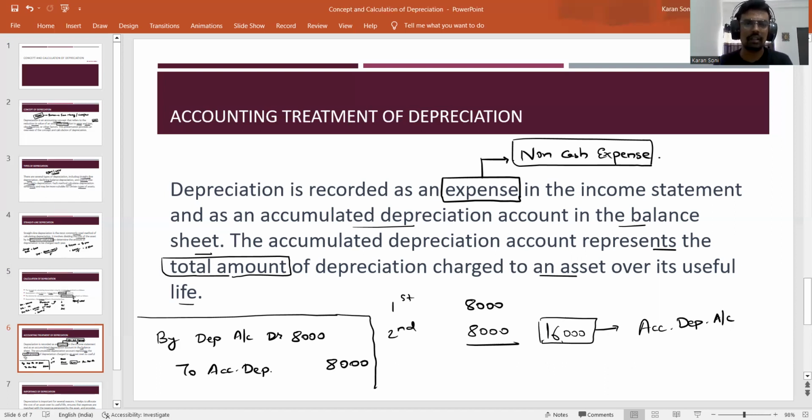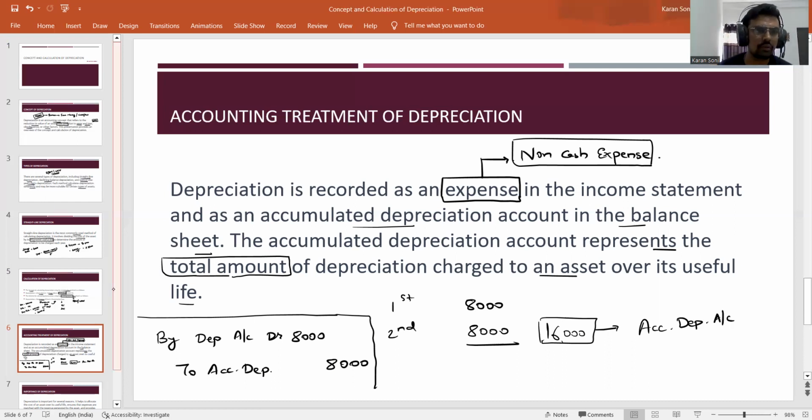So it is our expense. And when expense increases, we have to debit it. You understand those traditional and modern classification theories of accounting, right? So in that theory, we have studied that when an expense increases, debit; when expense decreases, credit. So that's why we debited depreciation account, right?